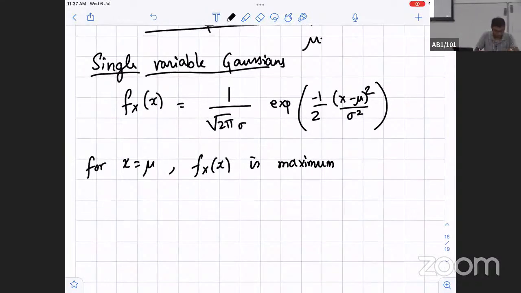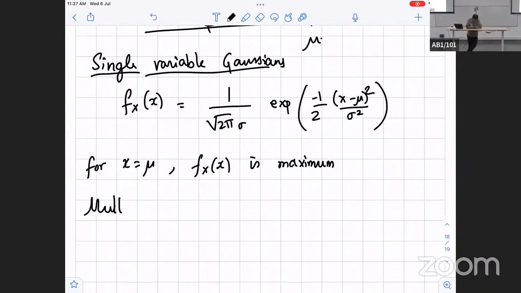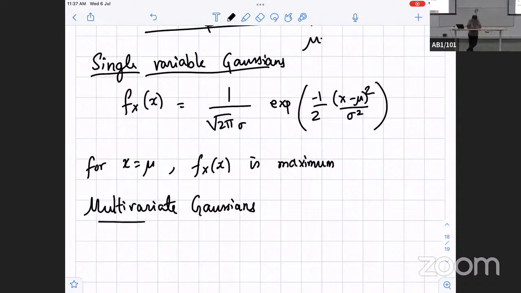Now, just like this, you can also define multivariate Gaussians. Instead of having just a single parameter, you will have x1, x2, and so on.